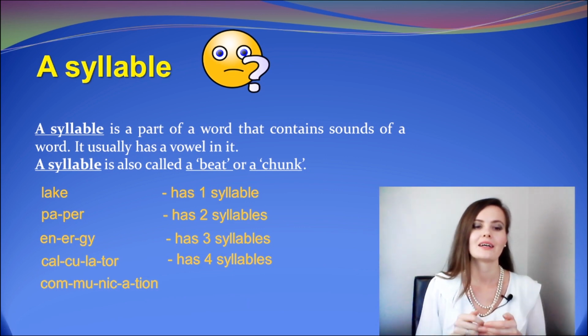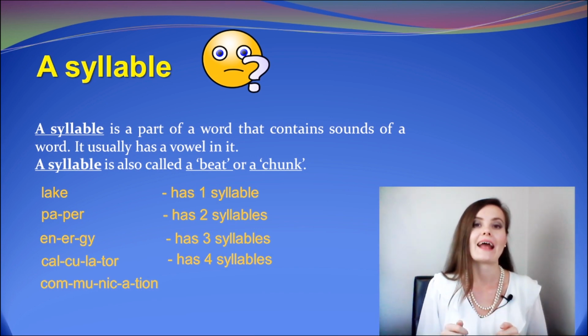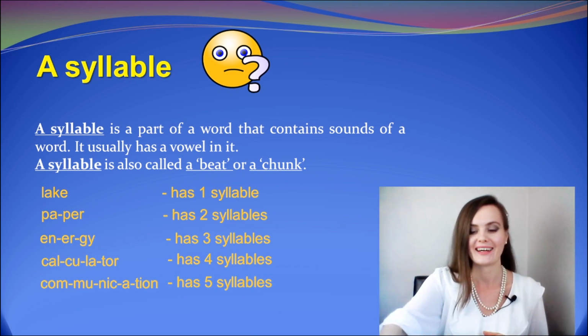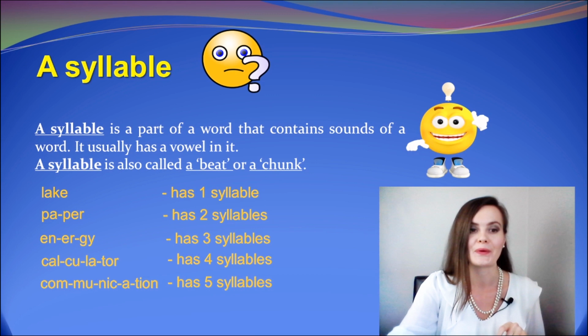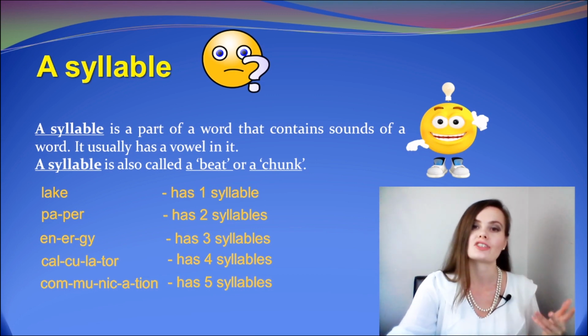Com, mu, ni, ca, tion. So how many syllables does this word have? Yes, it has 5 syllables. Okay, so now you know what the syllable is. It's a bit or a chunk of a word.